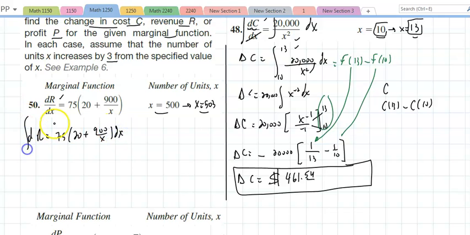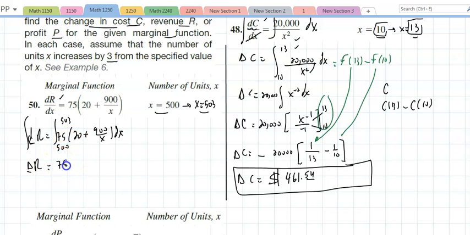And if you integrate, the actual change in revenue is when you put the limits. As it is, it's R, the revenue. If I integrate, this will give me the revenue. But if I tackle 500 to 503, that will be the change in revenue from 500 units to 503 units. Not approximate, exact.